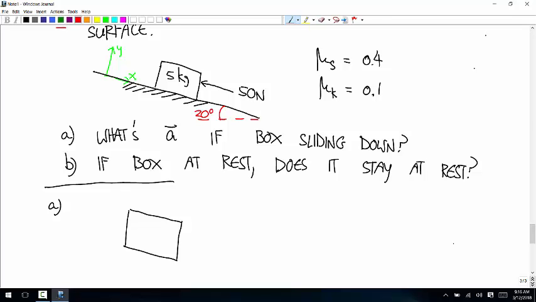Okay, so that one's kinetic. That might help.